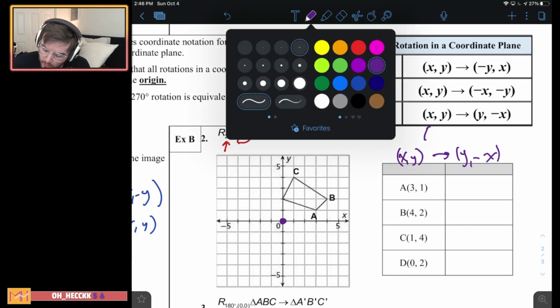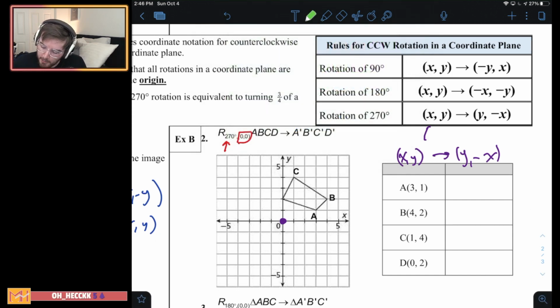Okay? So let's try to do this. What's happening? x and y are switching, because now it goes y, x, but also the x becomes negative. Let's say that again. x and y are switching, right? Because you can see the y came first and then the x. But also, the x got flipped. It has the negative on it.